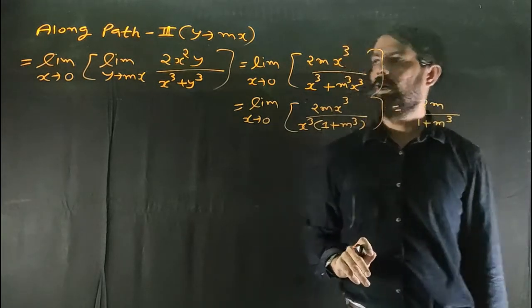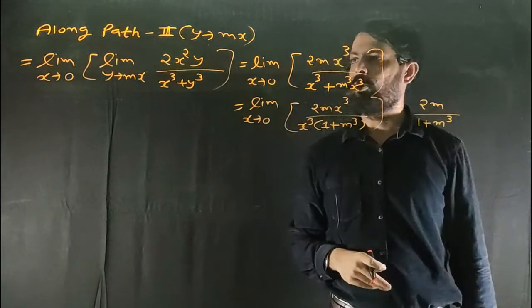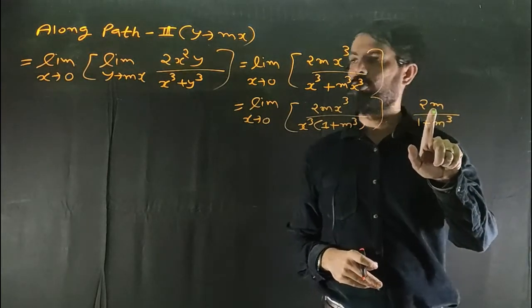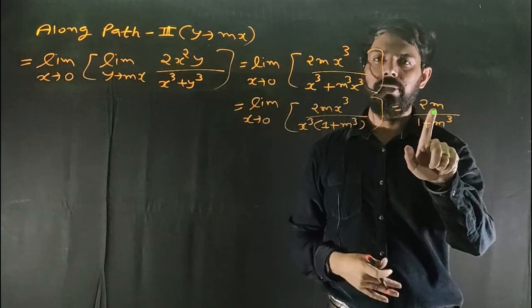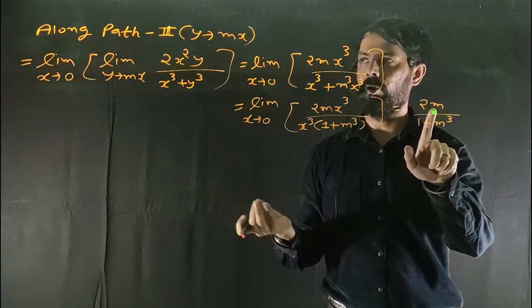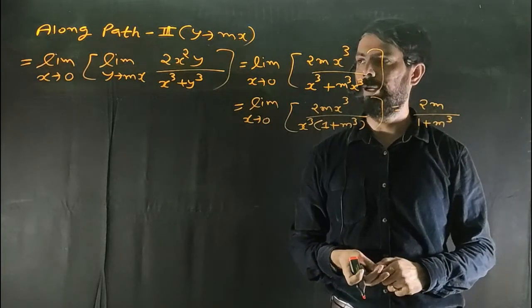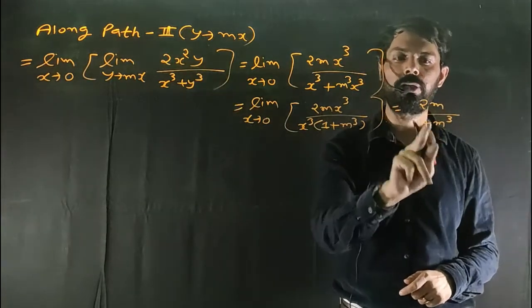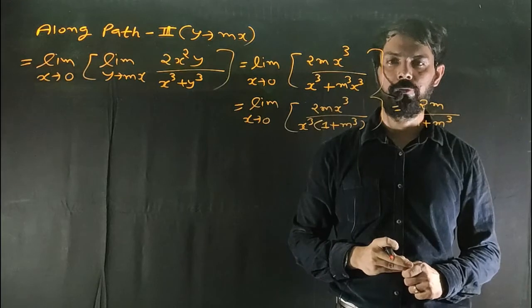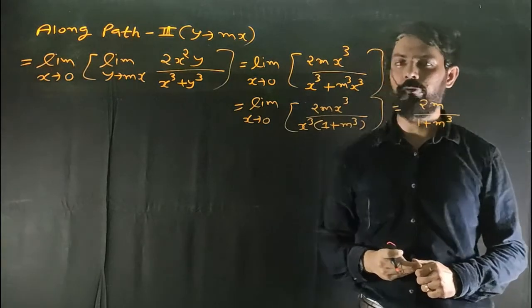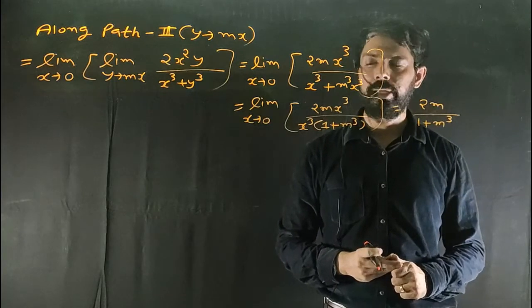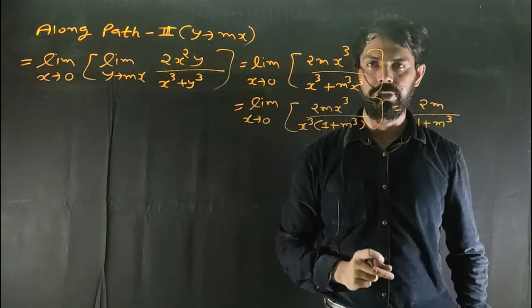So answer of limit along path 3 depends on the value of m. So limit along all paths is not same, because limit along path 1 is 0, limit along path 2 is also 0, but limit along path 3 depends on the value of m, which is different from path 1 and path 2. Therefore we can say that limit does not exist.